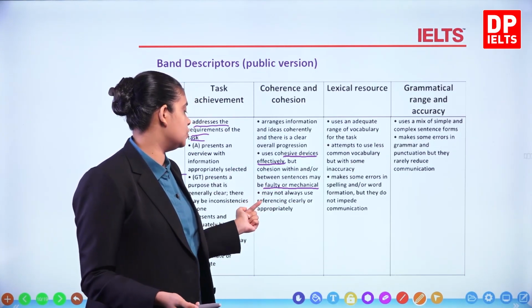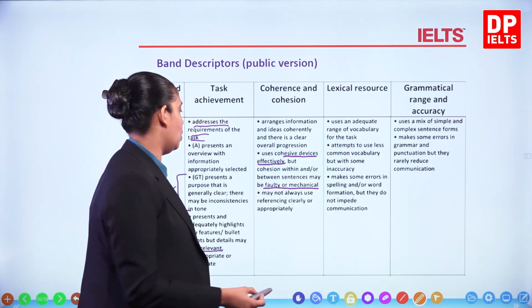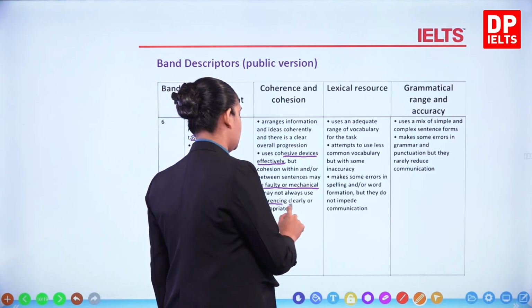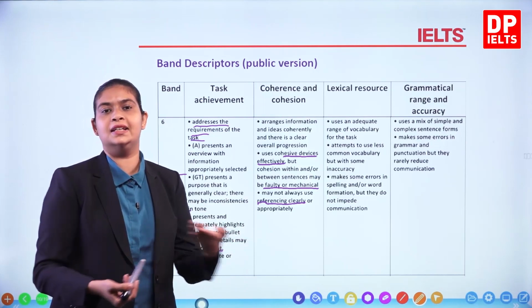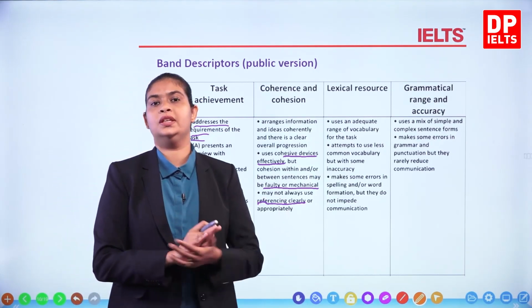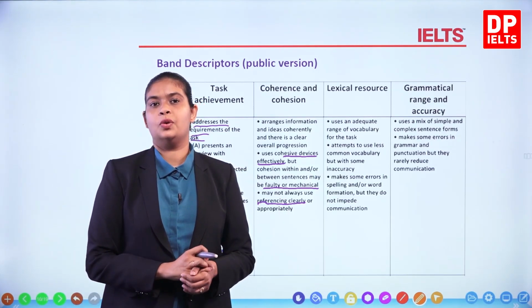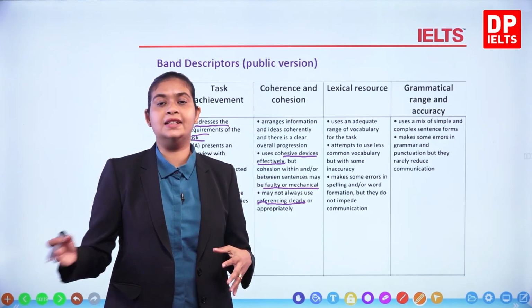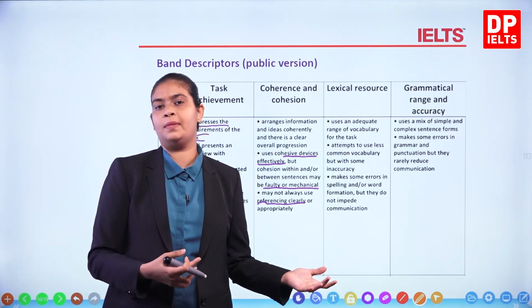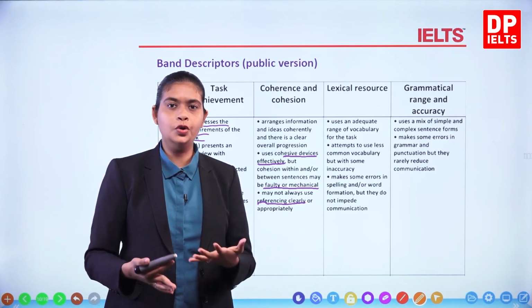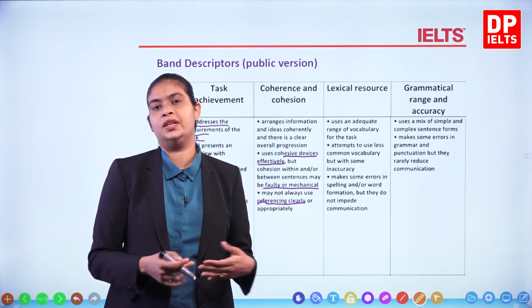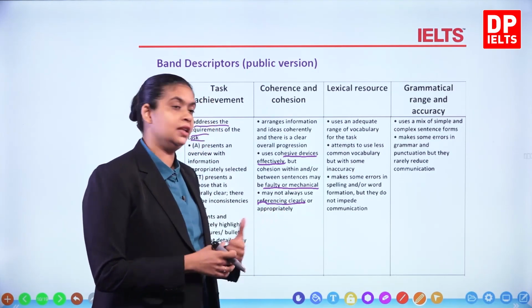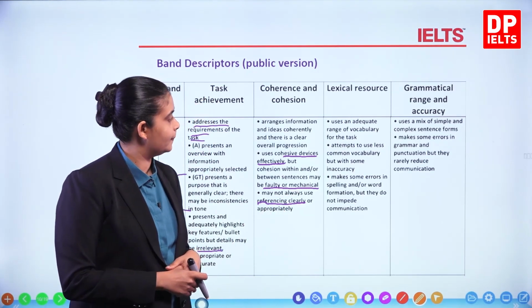You may not always use referencing clearly or appropriately. Referencing means when you want to refer back to something, you might not be using that clearly. So the ideas go here and there, okay? Like, you know, I have a cat, it means the cat. So you're referring back to the cat. If you don't do it properly in the proper sequence, then your ideas go here and there. That is what it is talking about.